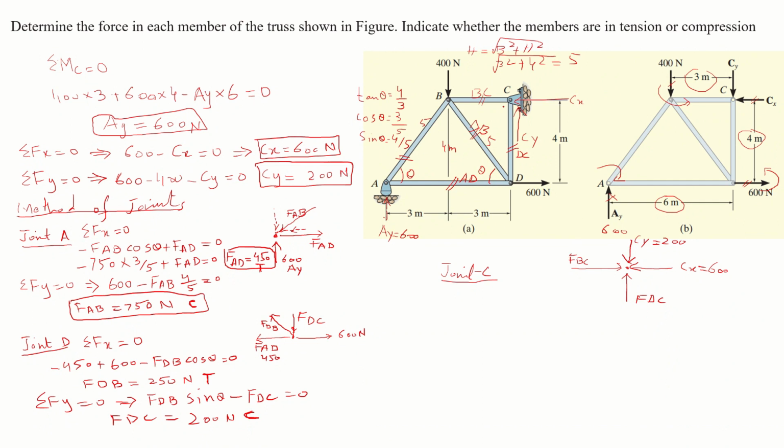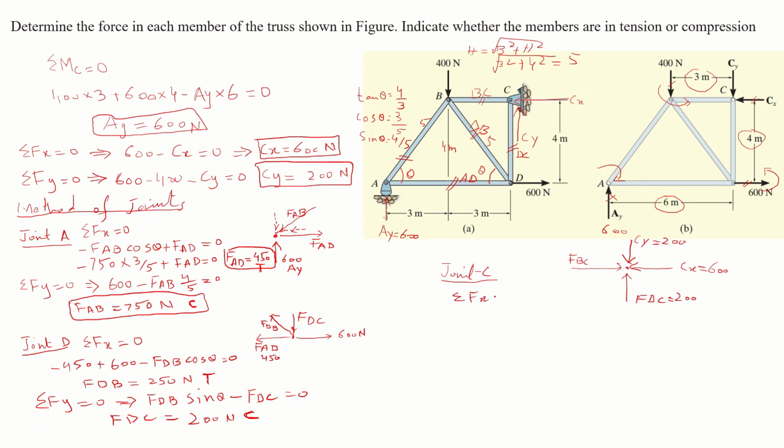So now we have drawn all the forces on this point C. Now we can easily find the only unknown, which is F_BC, where F_DC is equal to, we have already found its value, which is equal to 200 Newton. So we need only one equation to find its value. You can see here that we need to sum up forces in x direction only.